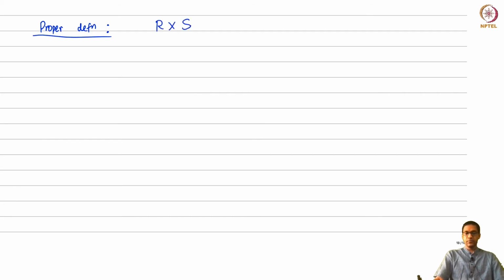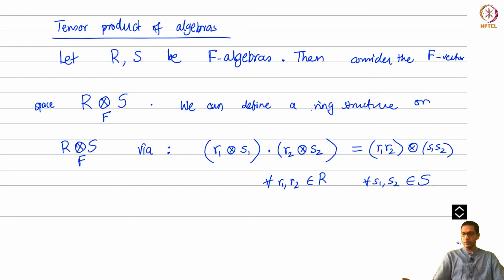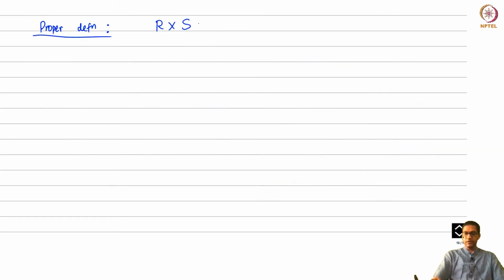What is this a map from? The multiplication map is really, recall, a map from R tensor S cross R tensor S to R tensor S. When I say ring structure, I mean a multiplication map. So let me define instead the following. From R cross S cross R cross S, I will define a map.